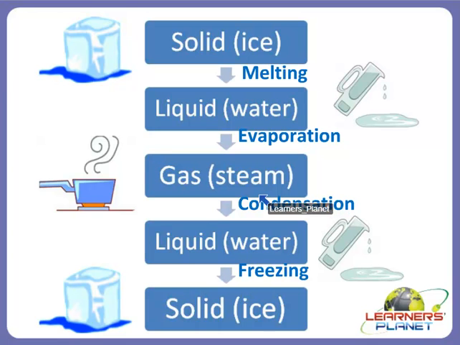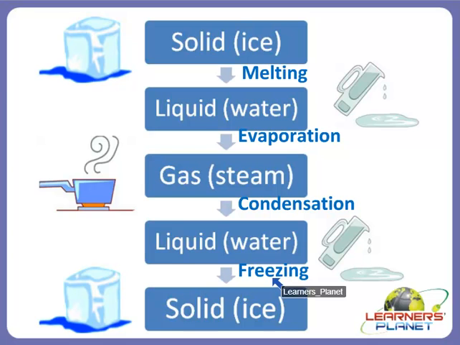For example, when steam cools down, it forms water. And last, when liquid converts into solid state again, for example, when water converts into ice, it converts by the process of freezing.